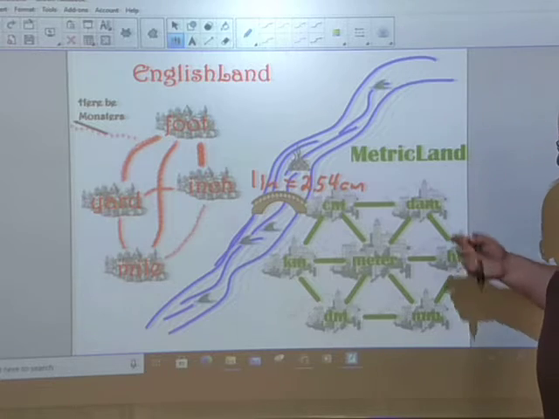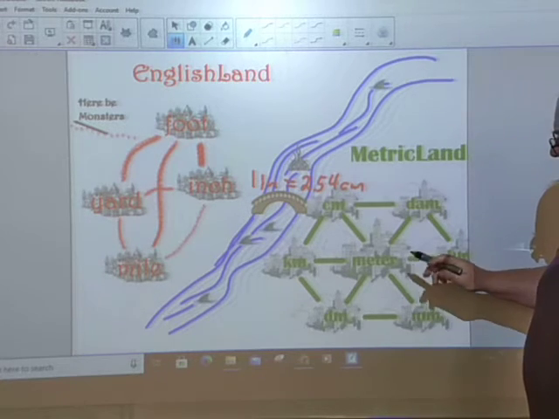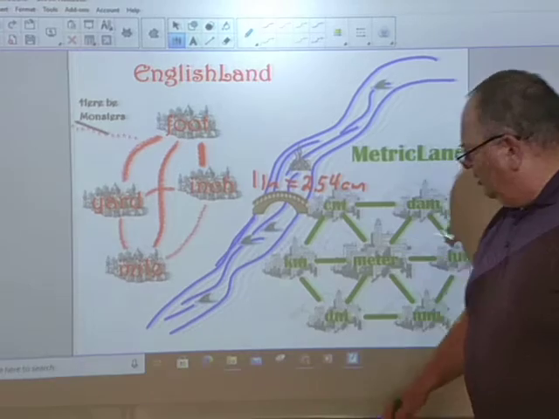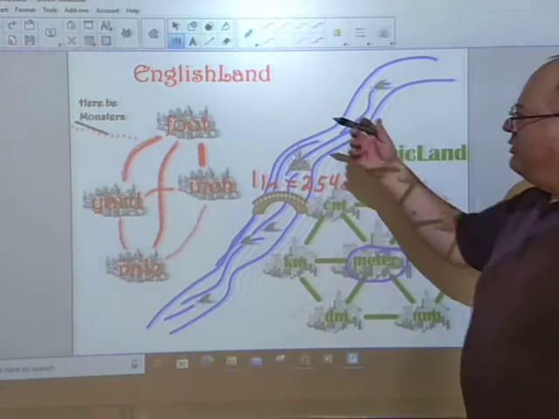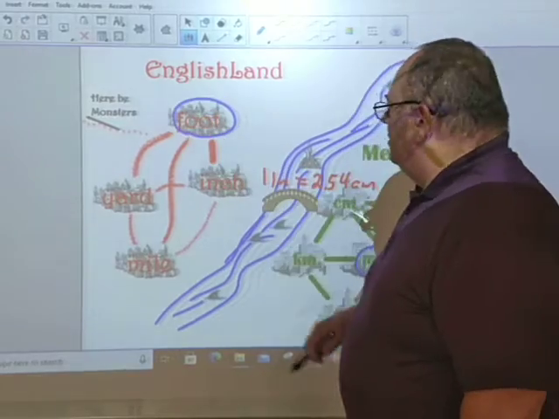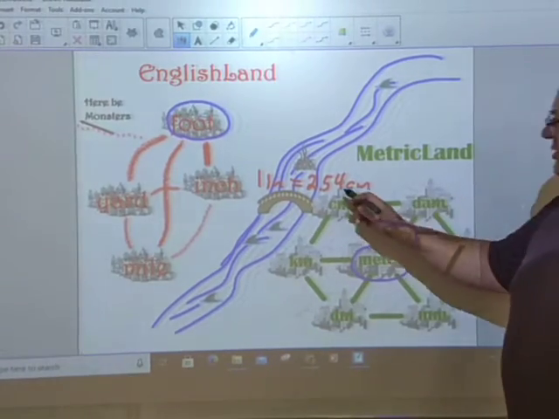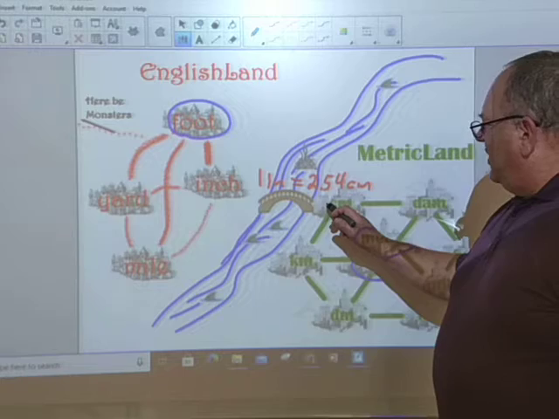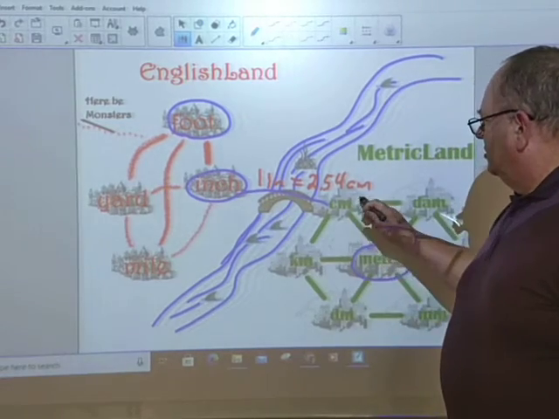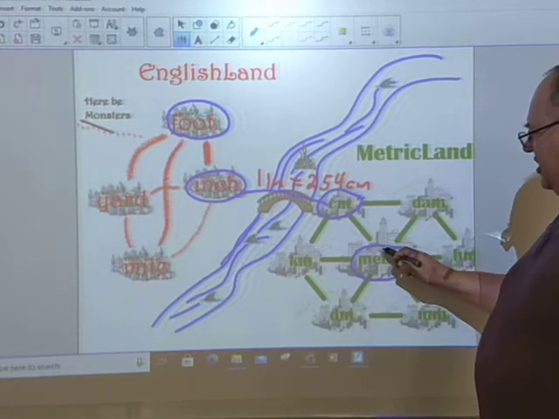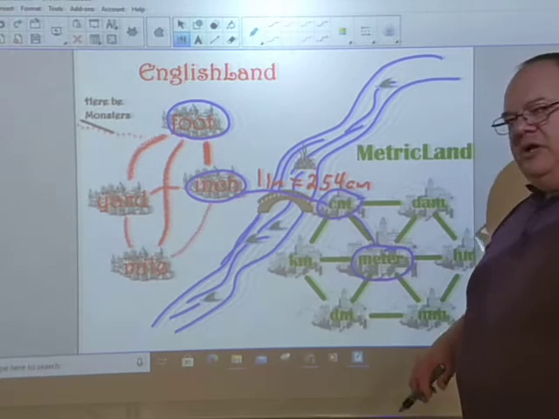Now, if you think about the problem we have right now, we're starting out with meters, and we want to get to feet. Well, here's my bridge. I have a bridge that goes from centimeters to inches. So the question is, can I go from meters to centimeters?